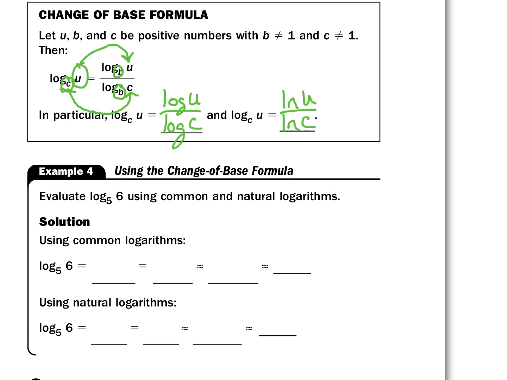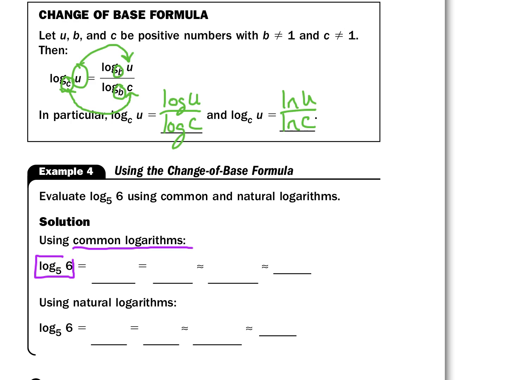And that's pretty much it. So you can use that now to your advantage if you have a scientific calculator that doesn't allow you to plug in whatever base you want. Almost all scientific calculators can handle either the natural log or the common log, log base 10. So we'll start with common logarithm. So we're going to convert it into the common logarithm, log base 10.